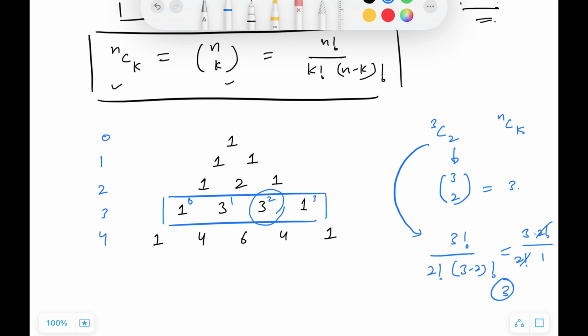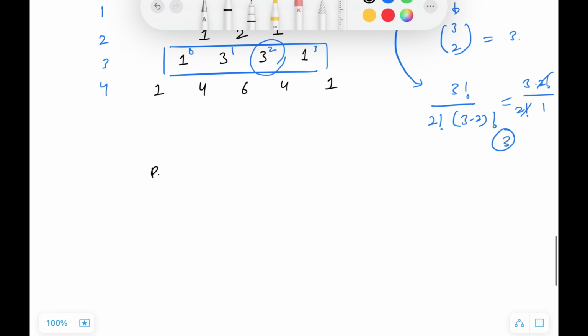Okay. So here, what is the use case? Let's say Pascal triangle is given to me and someone asks me to get the value of NCK, or in terms of combination, let's say directly, and we are using NCR because usually it is represented by this. Get the value of NCR.